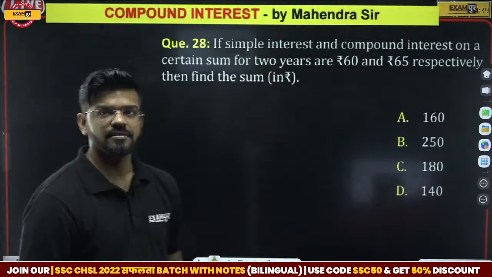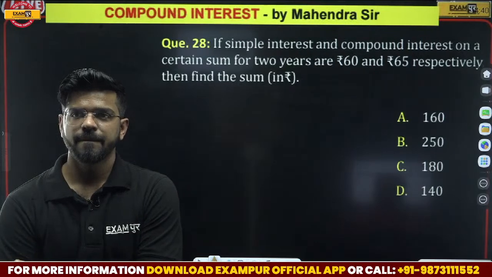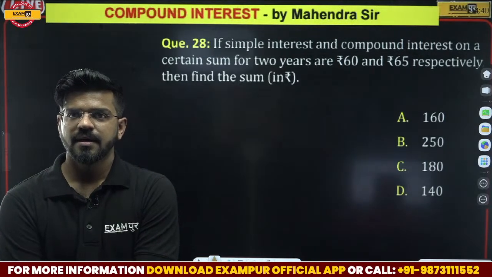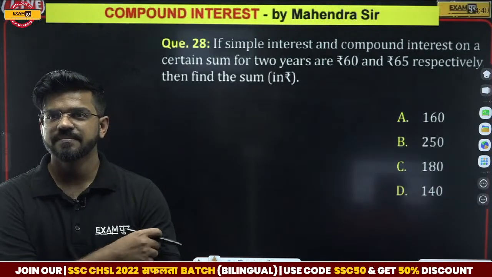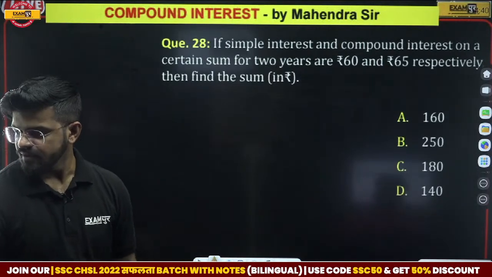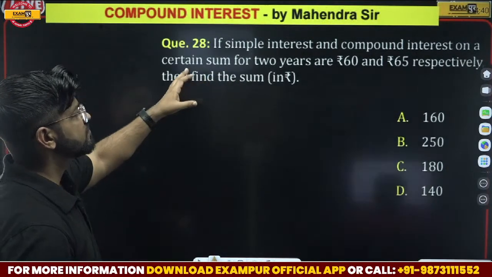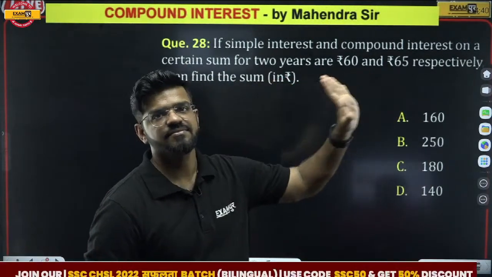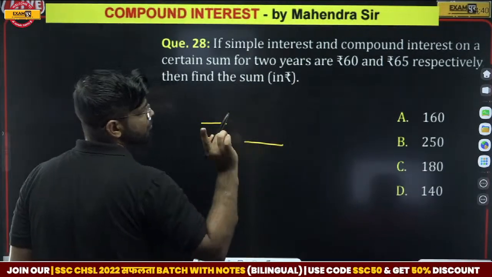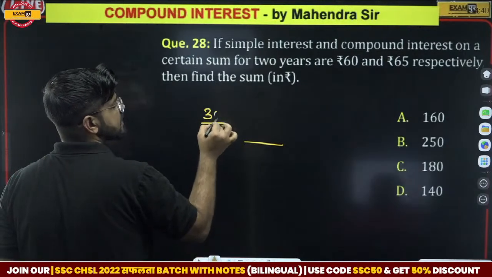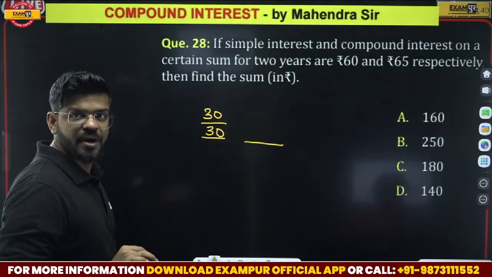Tell me the answer of this question. If the simple interest and compound interest on a certain sum for 2 years are 60 and 65, then simple interest for 2 years is 60, that means for 1 year it is 30, and this whole is compound interest.